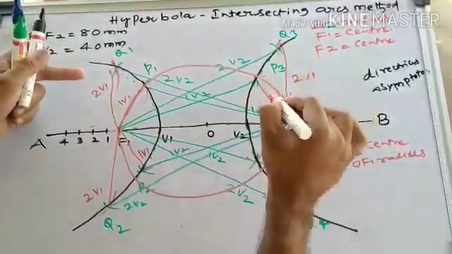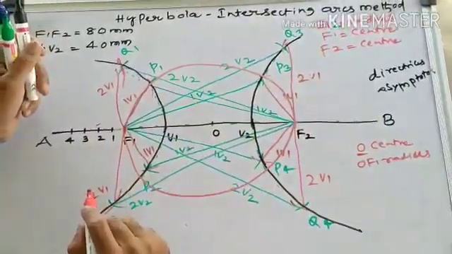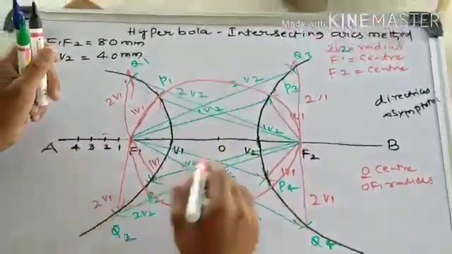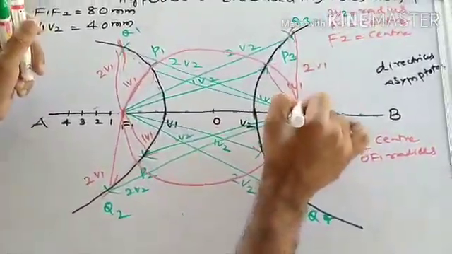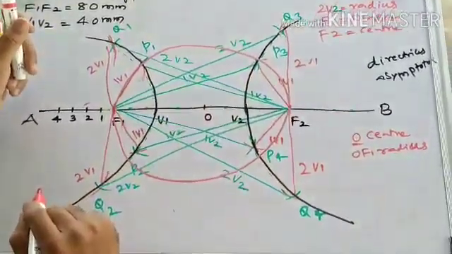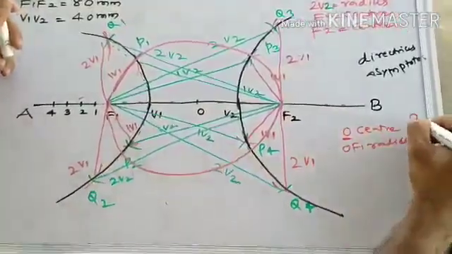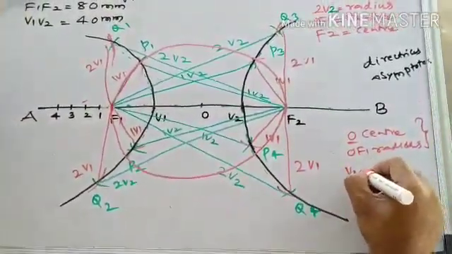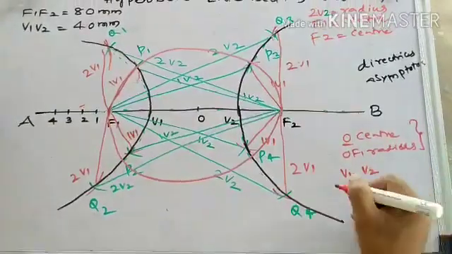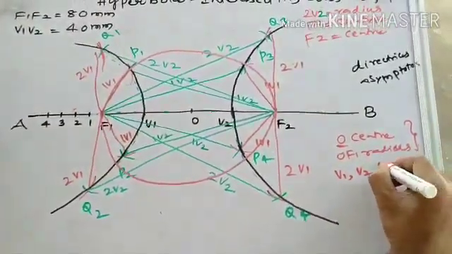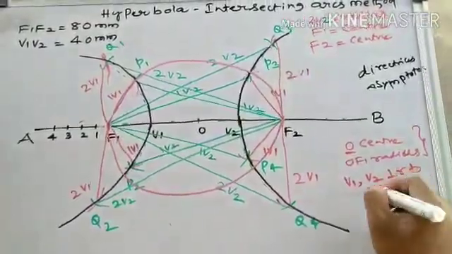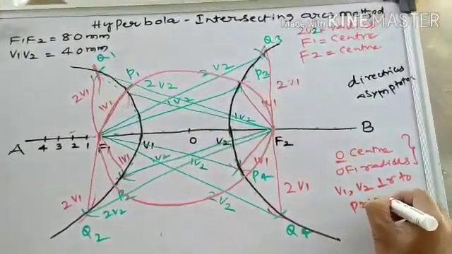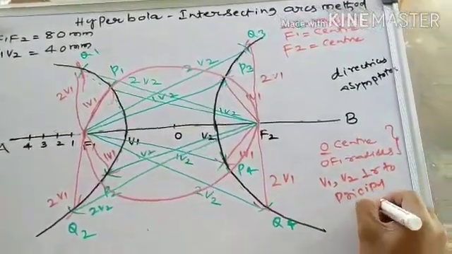If you draw this circle, you have the foci circle. After that, next step: passing through V1 and V2, draw perpendiculars to the principal axis.